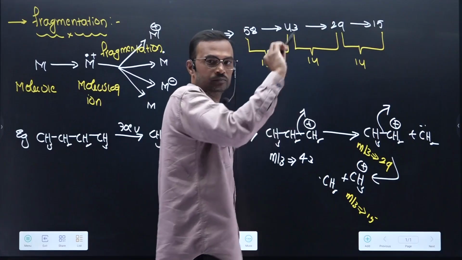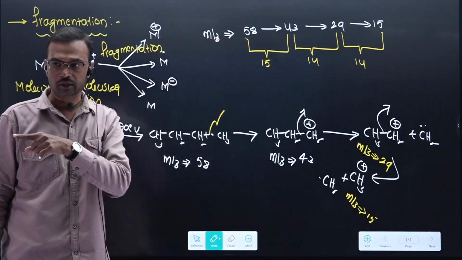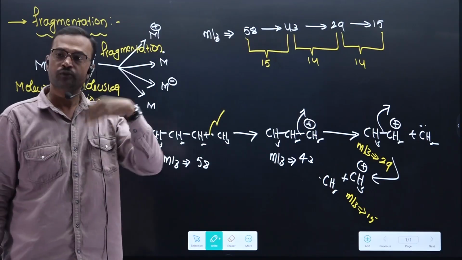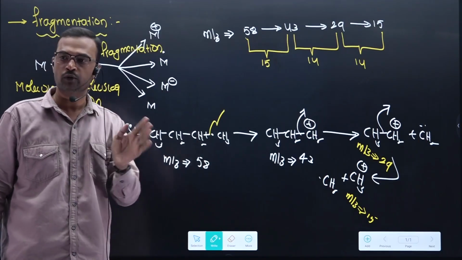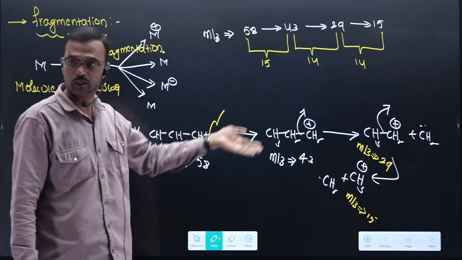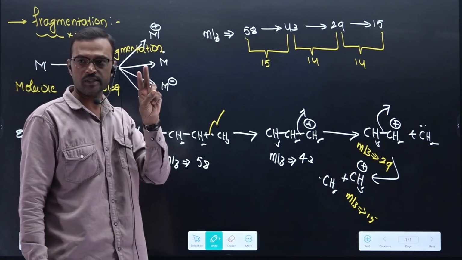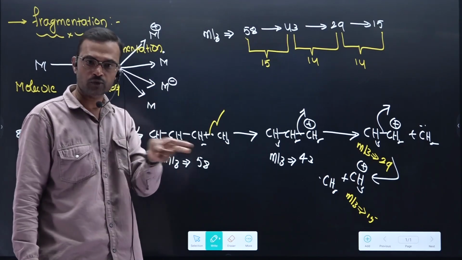Successive 14. From the molecular ion, remove 15, then keep on removing 14, 14, 14, 14. Based on that we can identify how long the chain is. First a 15 difference, later every time 14.